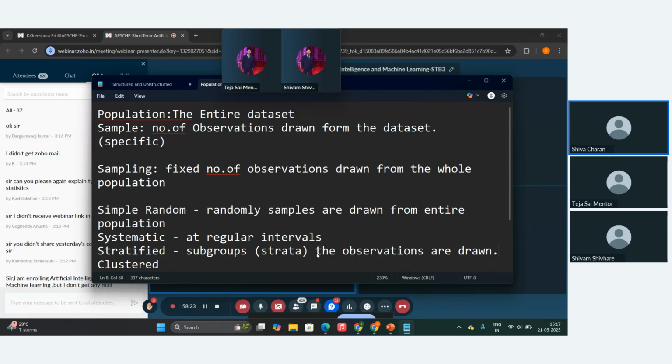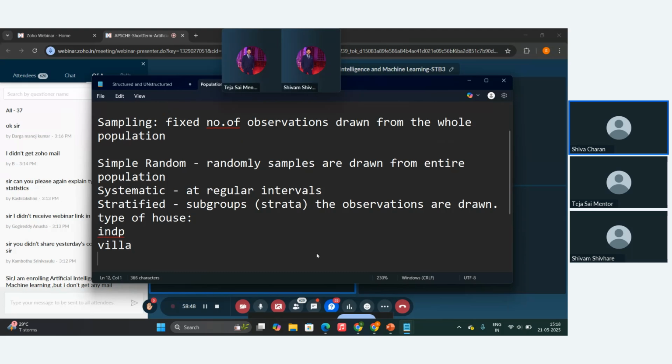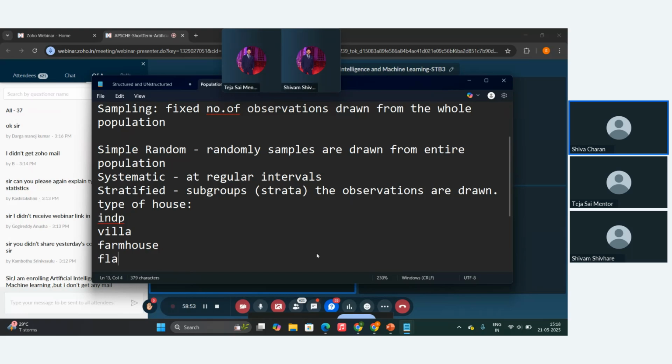So what does that mean exactly? Let's say I have a column, and the column is type of house. What kind of values could I have in type of house? The type of house could be independent, villa, farmhouse, or flat.